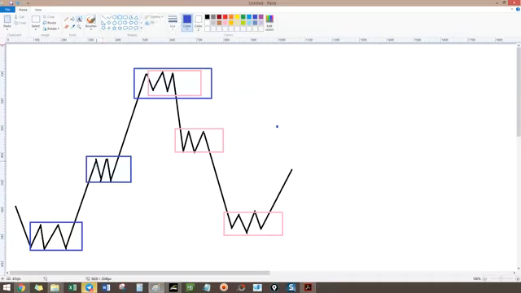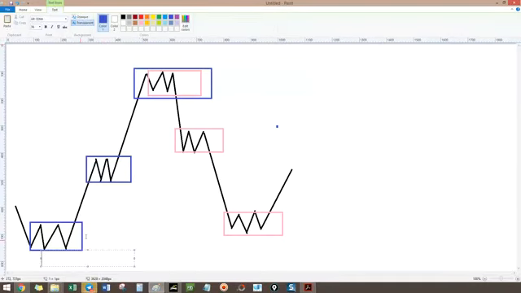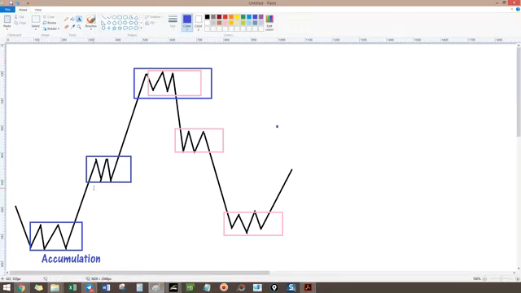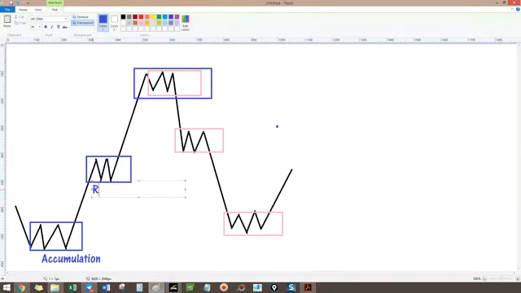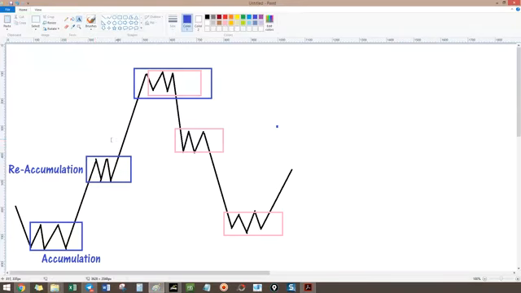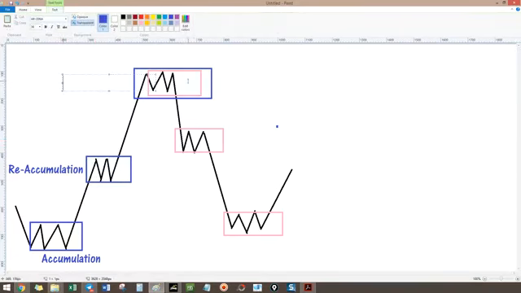So over here, we have accumulation. Over here, we will have reaccumulation, also known as participation. Over here we have distribution.